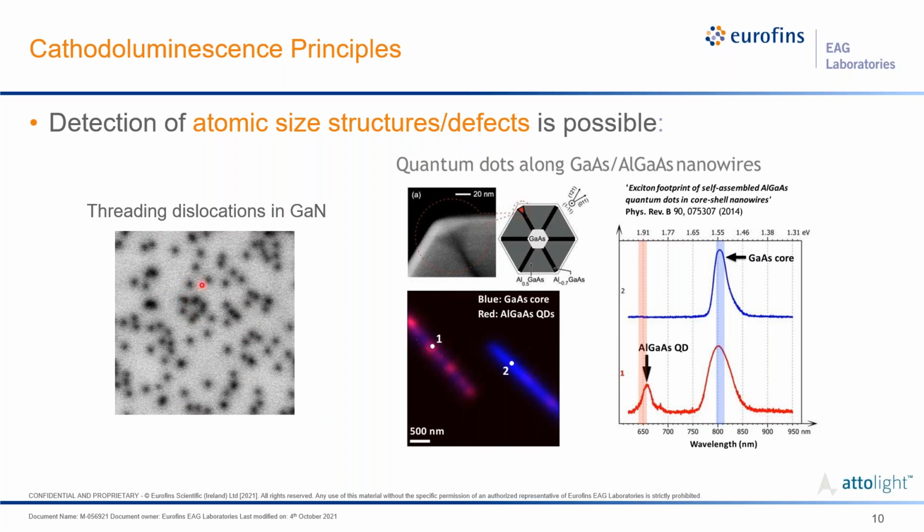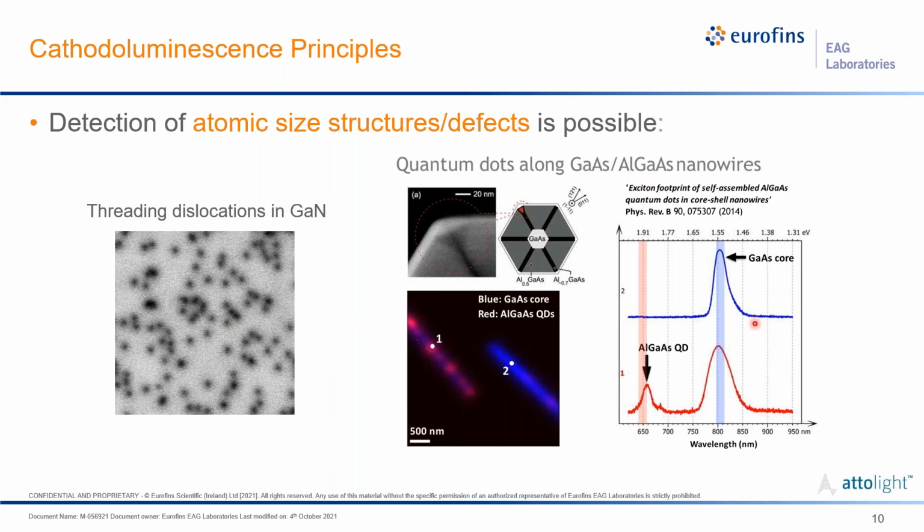Each of these individual threading dislocations acts as a non-radiative recombination center. So we're effectively mapping out the diffusion length within the material, and where you have a dislocation core here, you're getting carriers recombining without giving off light. And so we're able to detect this atomic scale structure with a much larger overall probe size.